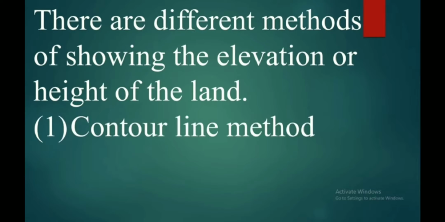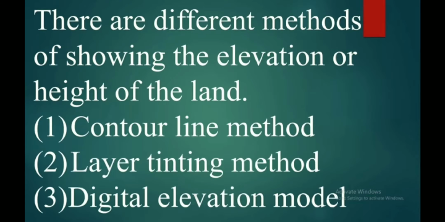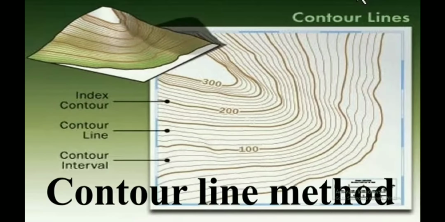The first method is the contour line method, the second is the layer tinting method, and the third is the digital elevation method. So we will start with the first method, the contour line method.